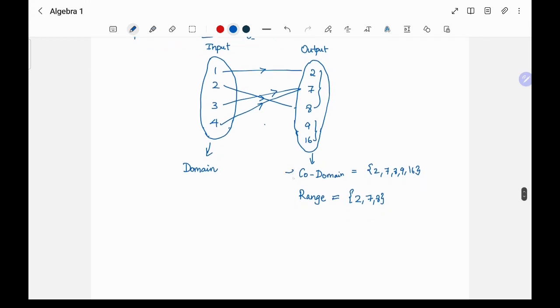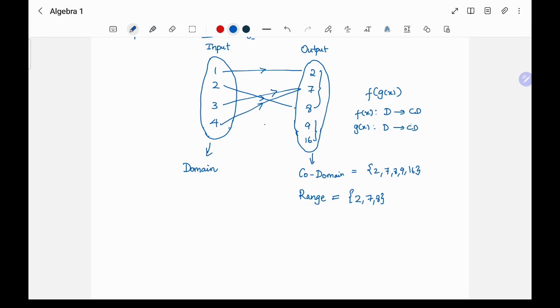So you may ask why we need to define codomain and range, right? Sometimes it may be useful when we are taking, for example, a function of a function. Let's say f of x maps from some domain to some codomain, and g of x also maps from some domain to some codomain.